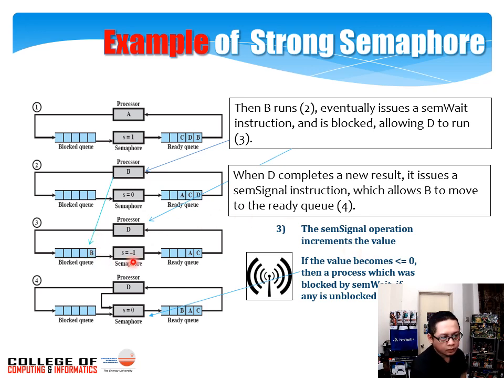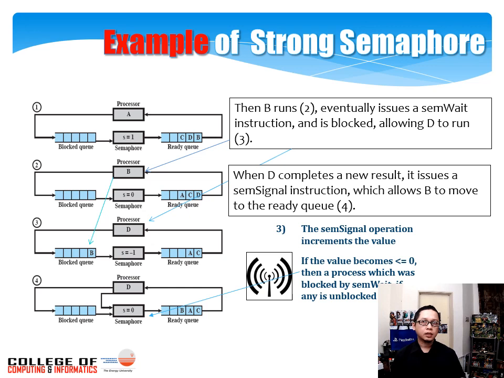The value was -1 because of B's SEM wait; now after D finishes, it issues a SEM signal, which changes the value from -1 to 0. Because the value is now 0, B, which is currently in the block queue, is released from the block queue and can go into the ready queue.